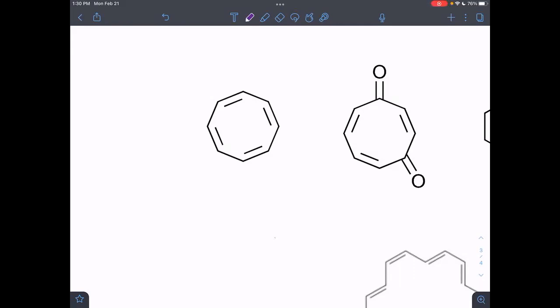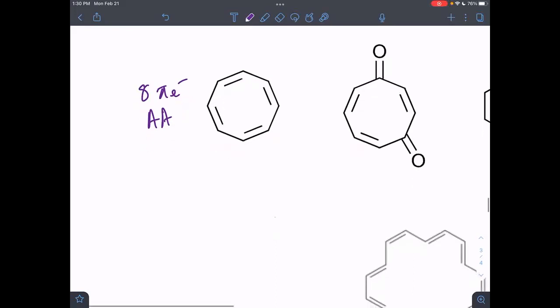It's anti because there's 8 pi electrons. So it's anti-aromatic if it stays planar. But if you remember, there's that boat conformation that cyclic molecules can go into. So it's going to do that. And that would make it non-aromatic. And it's going to bend to make itself non-aromatic because that's more stable than anti.